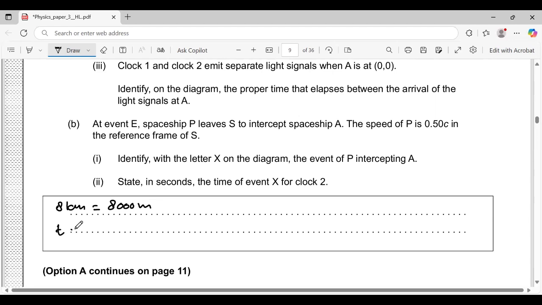So t equals s over c, so 8,000 meters over 3 times 10 power 8 meters per second. This is the speed of light. If you calculate, the result is 2.7 times 10 power minus 5 seconds.